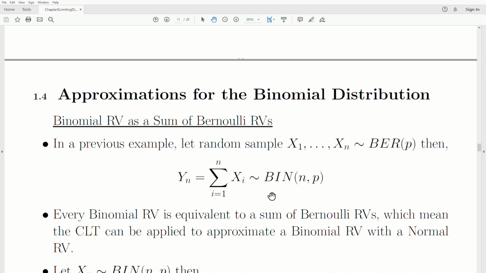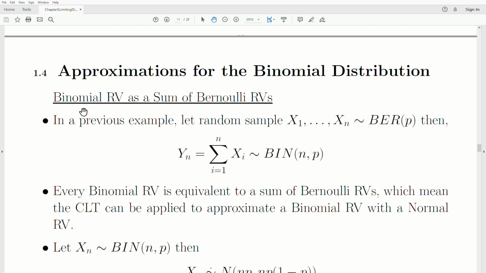So, approximations for the binomial distribution. First, a note that a binomial random variable is a sum of Bernoulli random variables. In a previous example, we took a random sample from a Bernoulli distribution with parameter p, and we showed that if we add them up and call that new random variable Y n, that's a binomial distribution with parameters n and p.